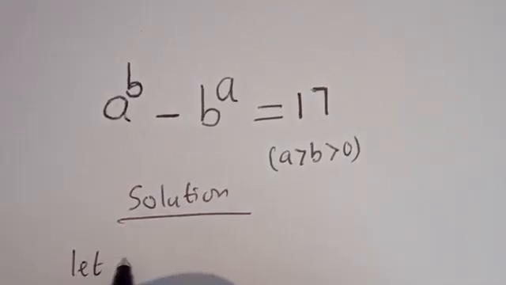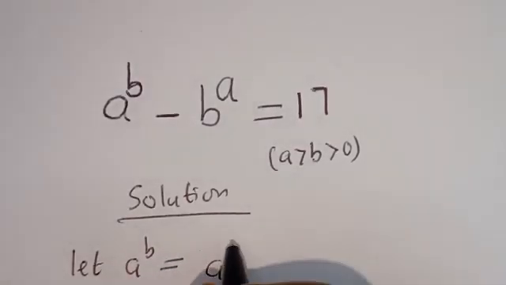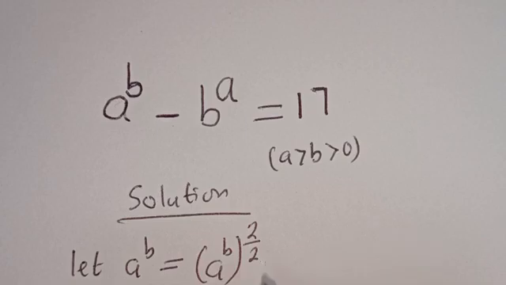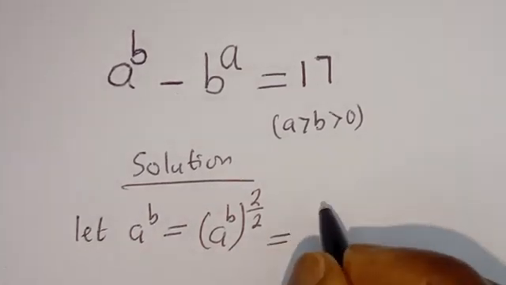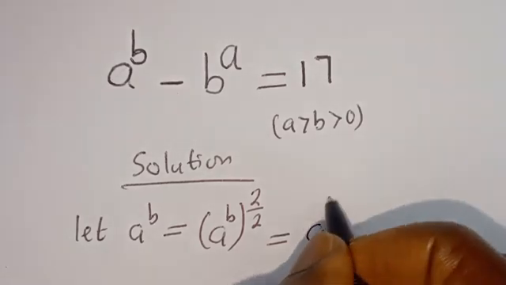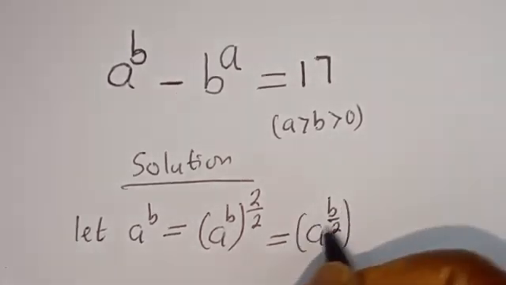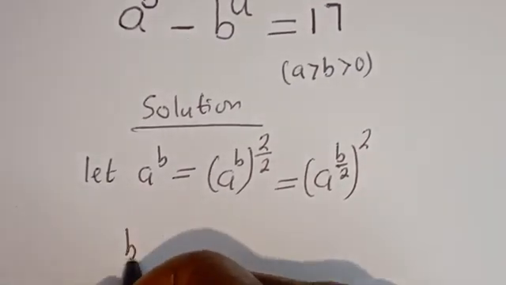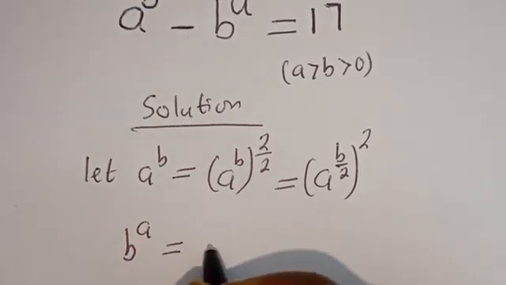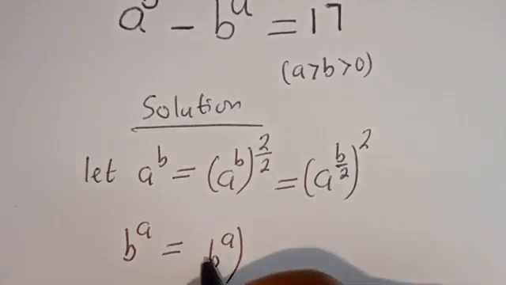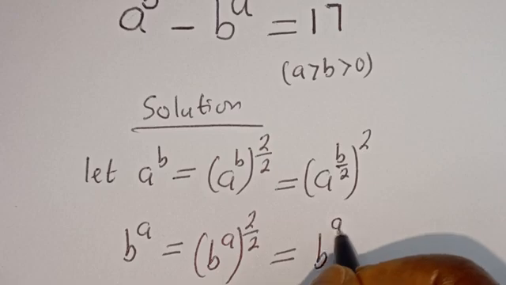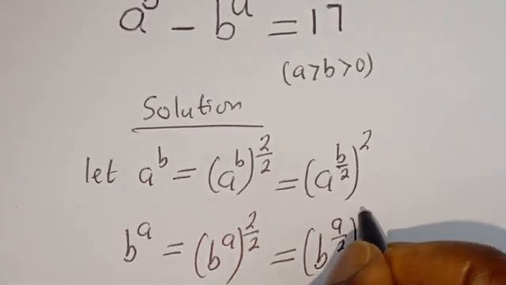Let a to the power of b is equal to a to the power of b times 2 divided by 2, and this is equal to a to the power of b divided by 2 all squared, and b to the power of a is equal to b to the power of a times 2 divided by 2, which is equal to b to the power of a divided by 2 all squared.